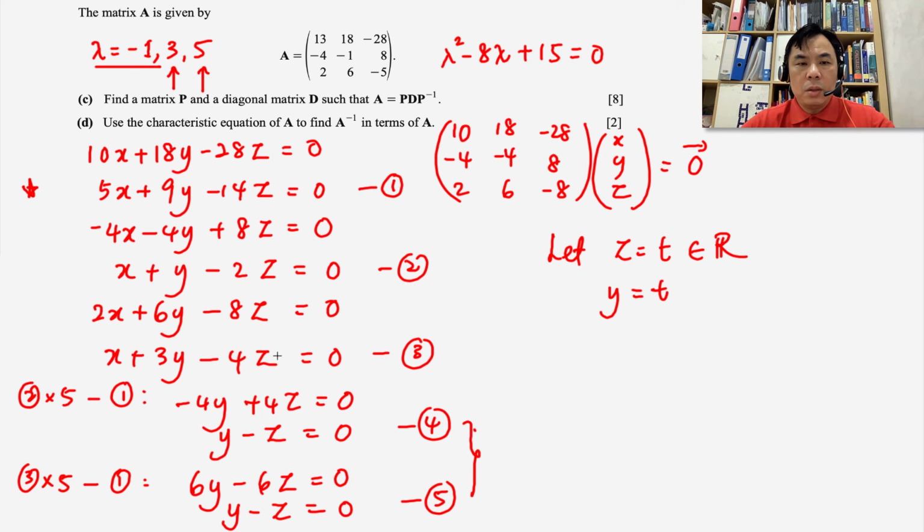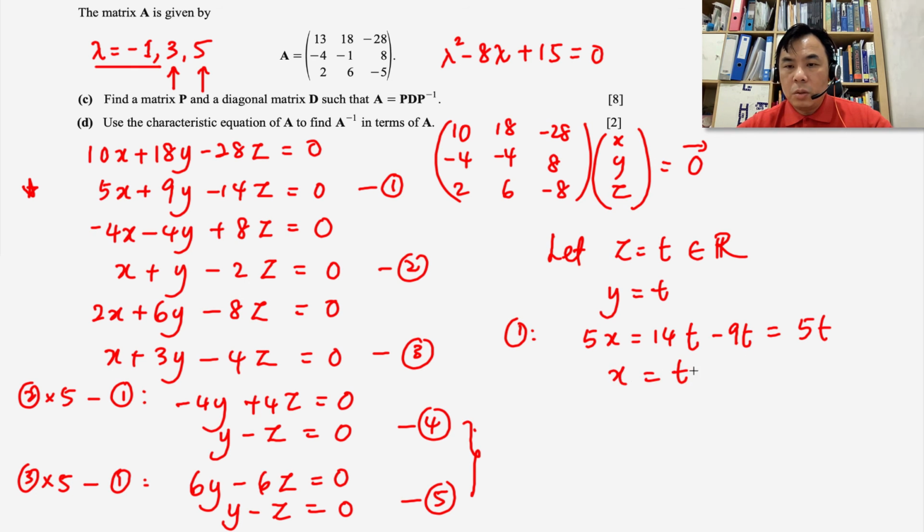So take for instance, we can use back equation number 1. From equation number 1, we have 5x equal to 14z, which is t, minus 9y, which is 9t. And then from here, we notice that that is actually a 5t. X is also equal to t.